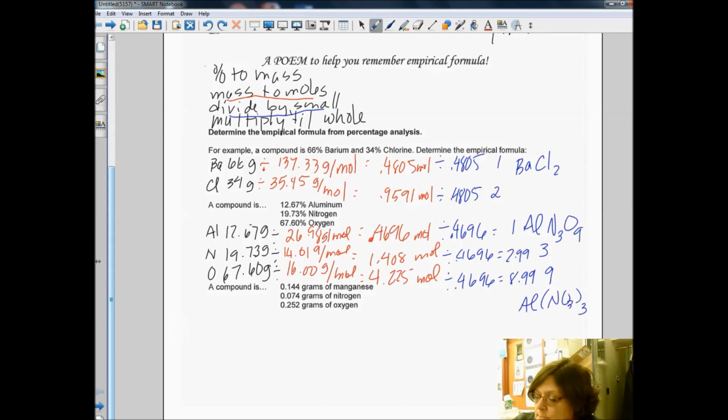Our last one, instead of percent, we've already changed it to grams. So we have 0.144 grams of manganese, 0.074 grams of nitrogen, and 0.252 grams of oxygen. All right, we don't have to change it to mass.